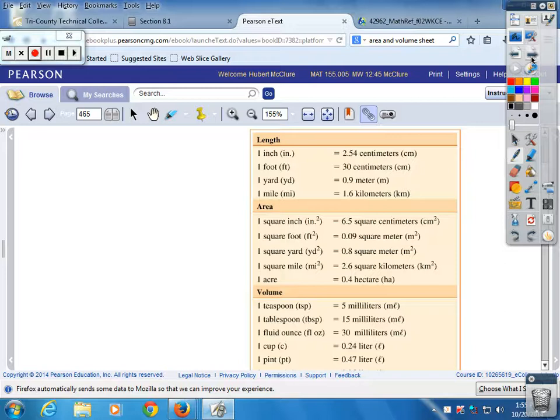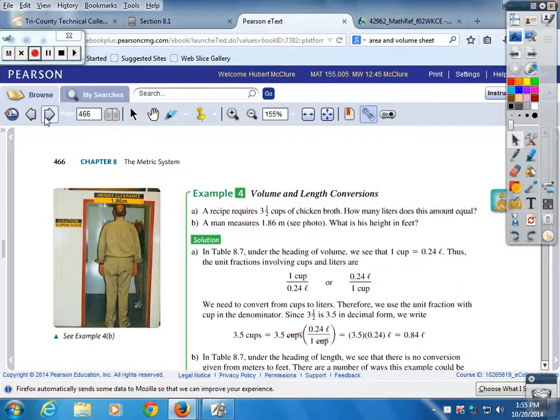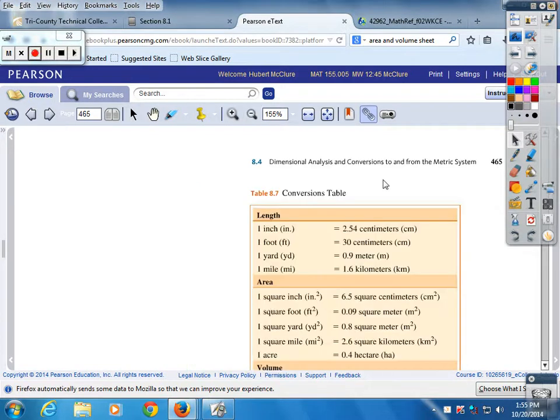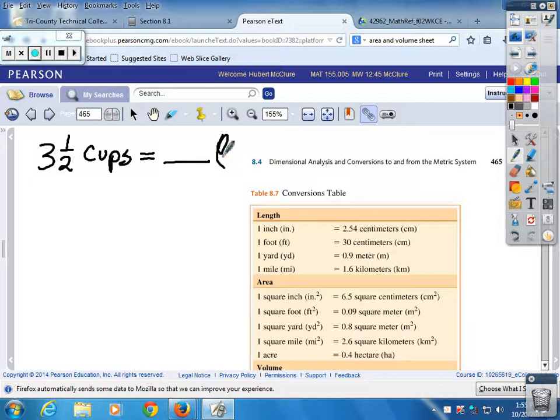So let's go to an example. All right, let's look at this. 3½ cups. How many liters? Well, first of all, you don't even look at the chart right now because we don't even need it right now.